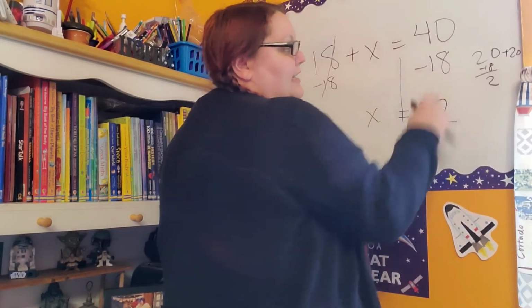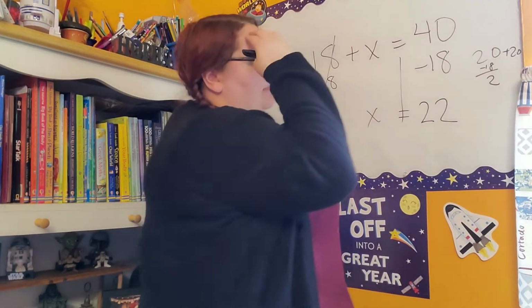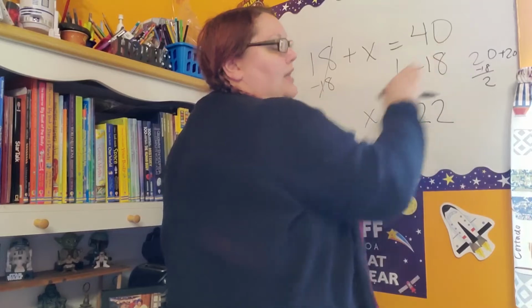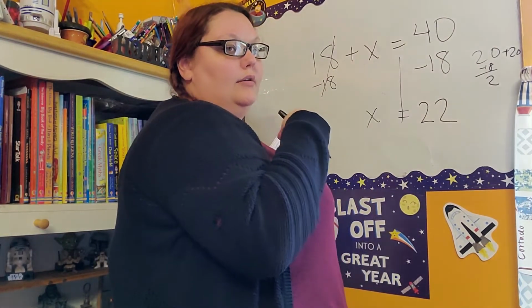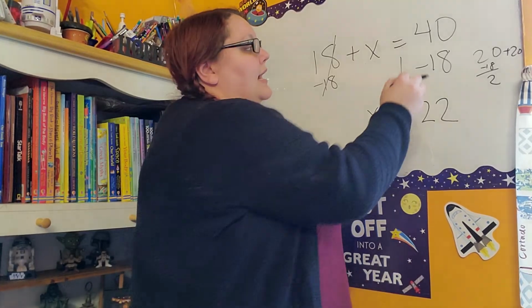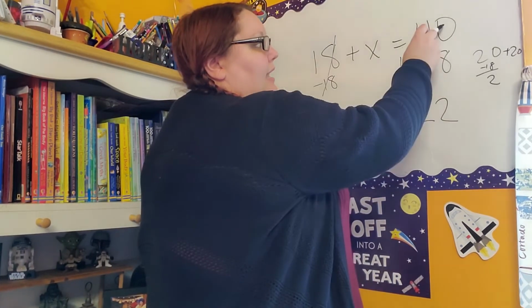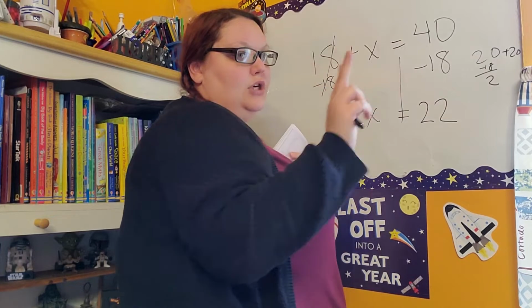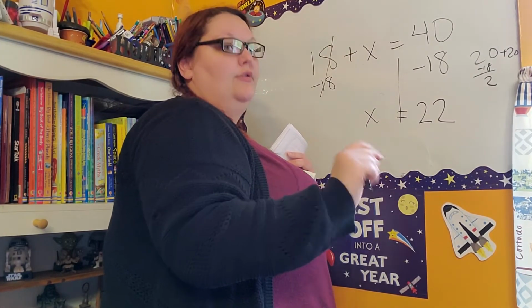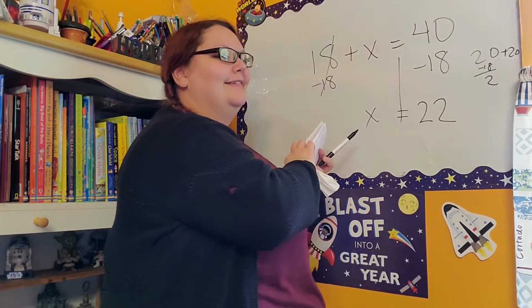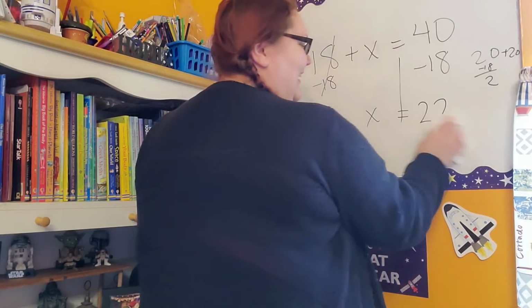Yeah. So we can break this down to a more familiar number. We know that 18 is really close to 20. And in my mind, it pops up that half of 40 is 20. So I connect those together, and I realize in my mind that if I take 18 from 20, I only have 2. So 22 is my answer. Do you think like that? I mean, I guess now I do.